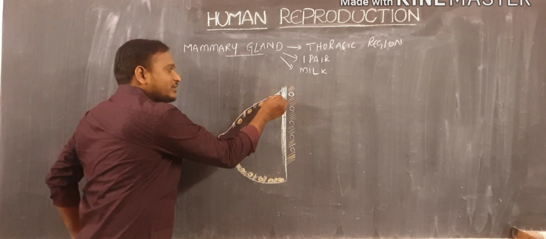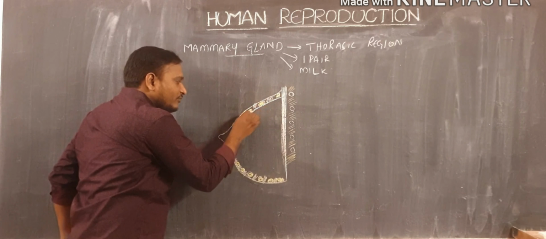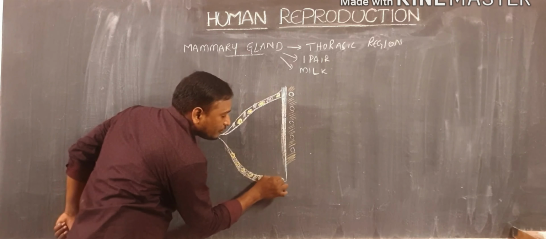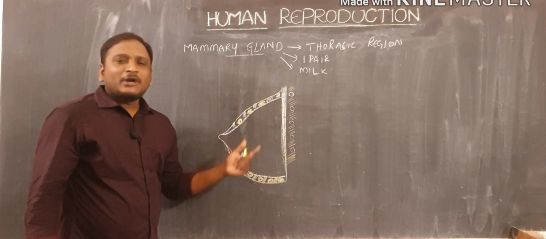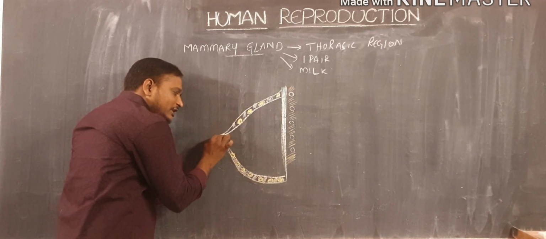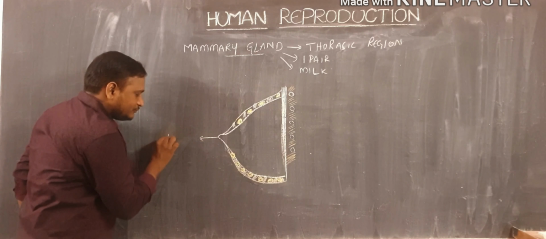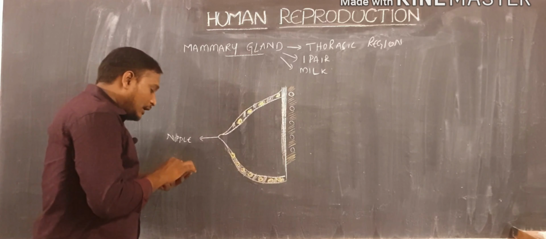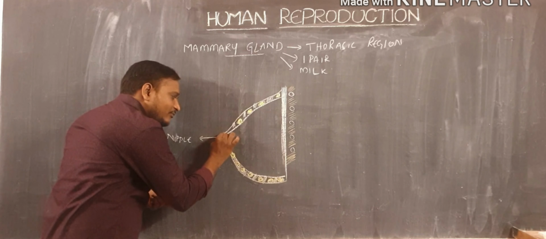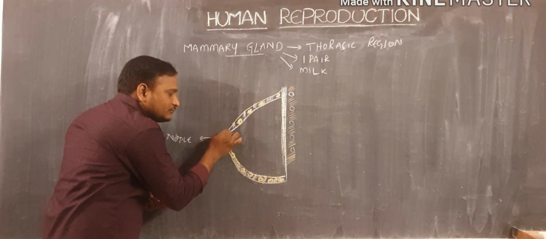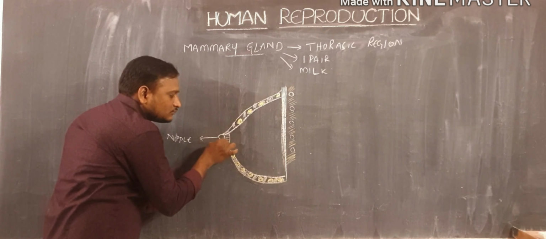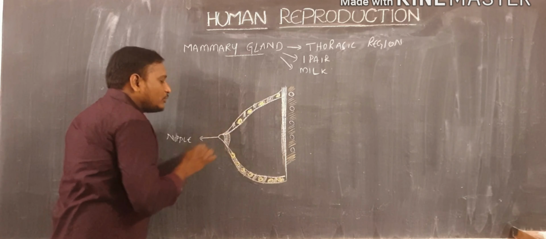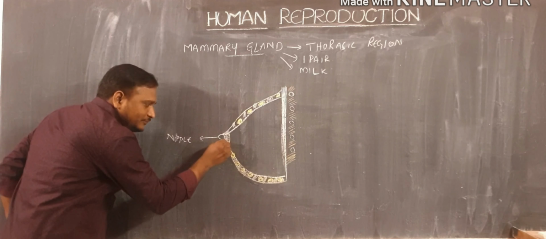And the mammary gland has one terminal part which is also called the nipple. And around it there is a thick colored portion which is also called the areola.